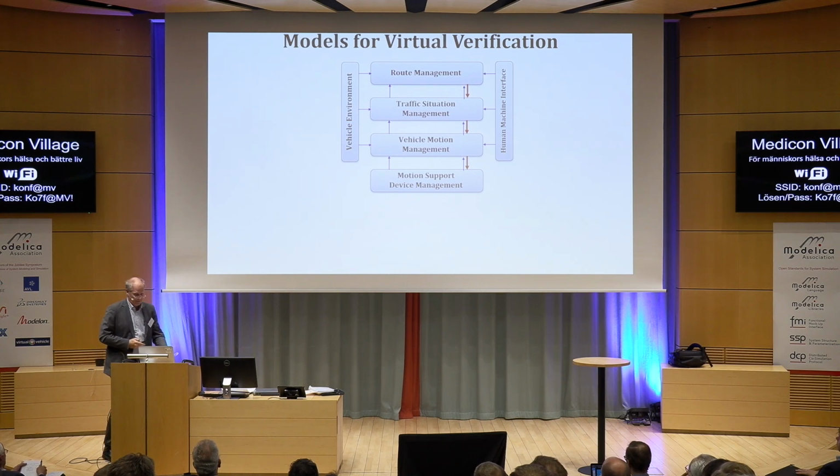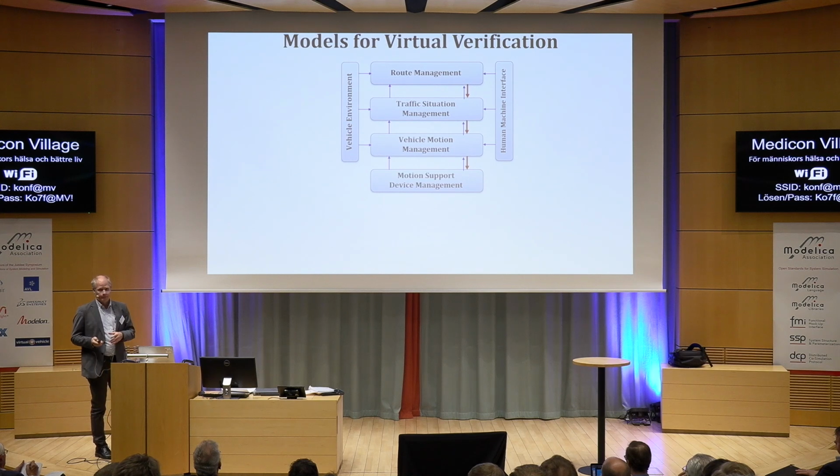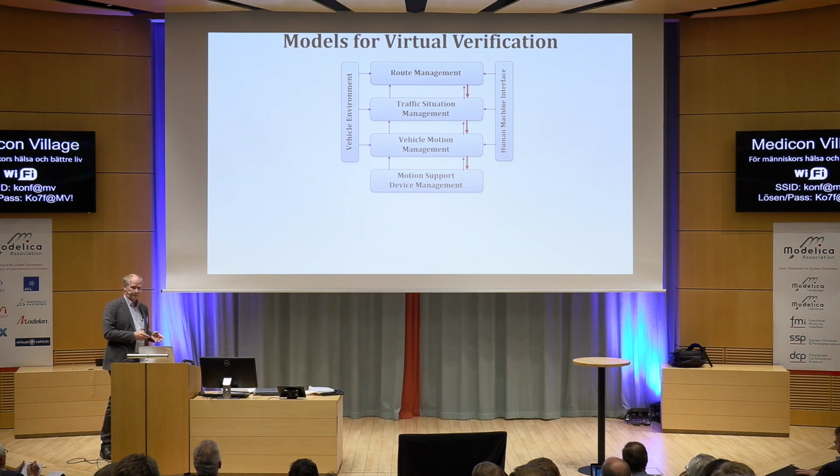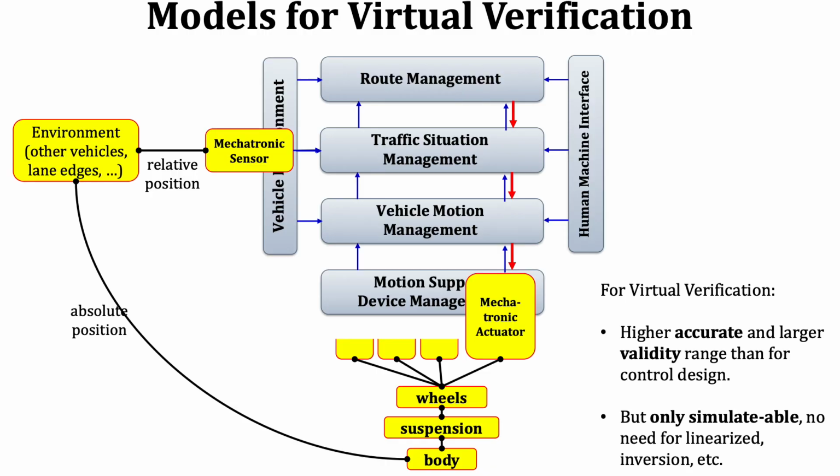And when we say virtual verification in automotive, it more or less means simulation. And that is, we verify functions by simulation instead of verifying them with a real test vehicle. So what we need is, of course, typically a model or something that represents the control things here, but we also need a lot of other things. We need models of the mechatronic actuator.